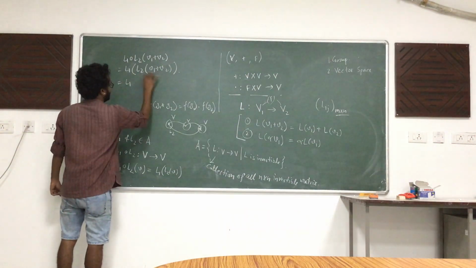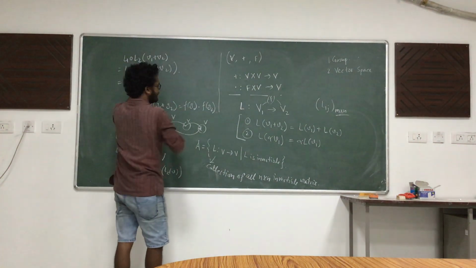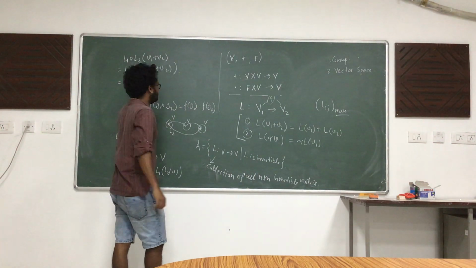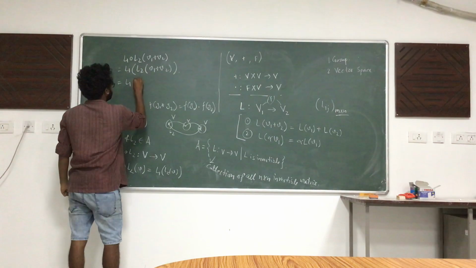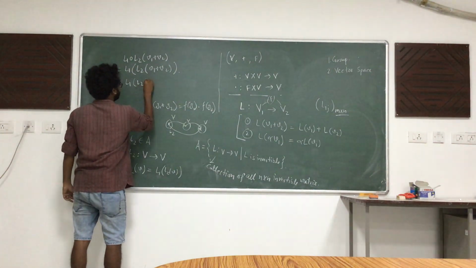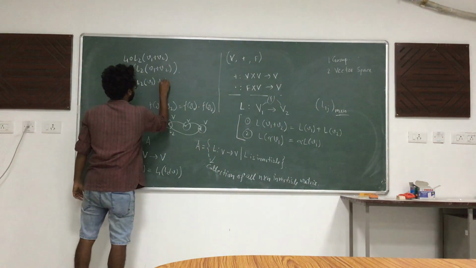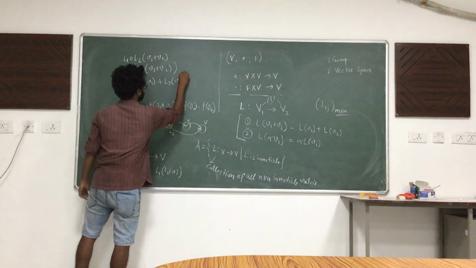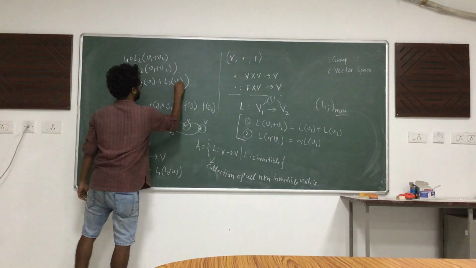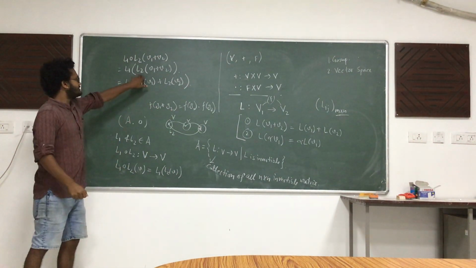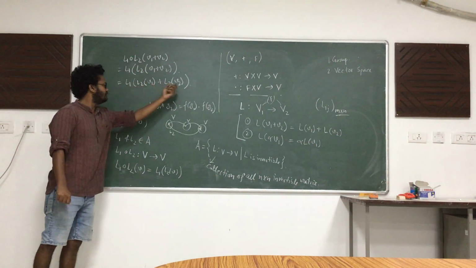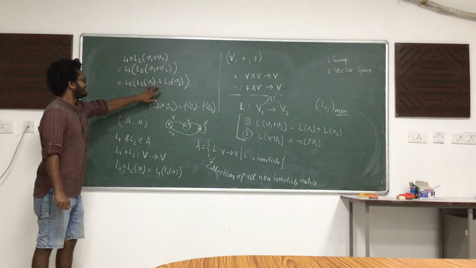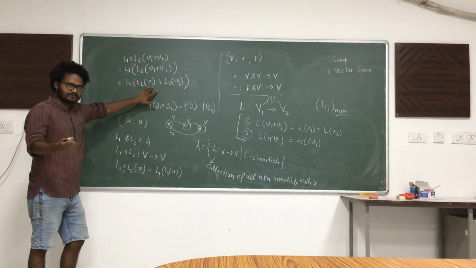L1, and by the definition, since L2 is a linear transformation, it will give us L2 V1 plus L2 V2, right? L2 is a linear transformation. What are these? These are some other vectors.